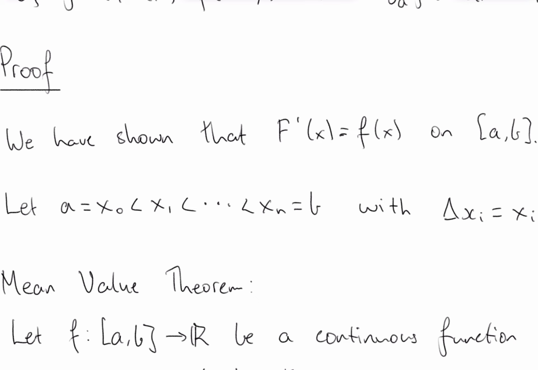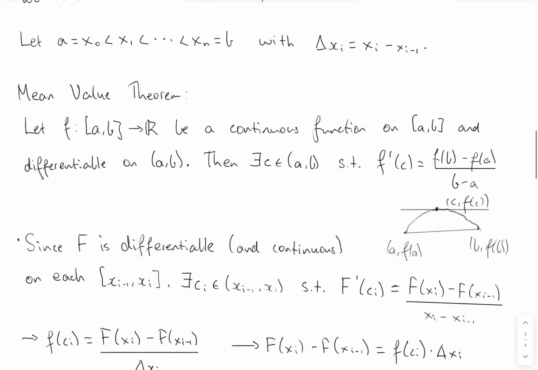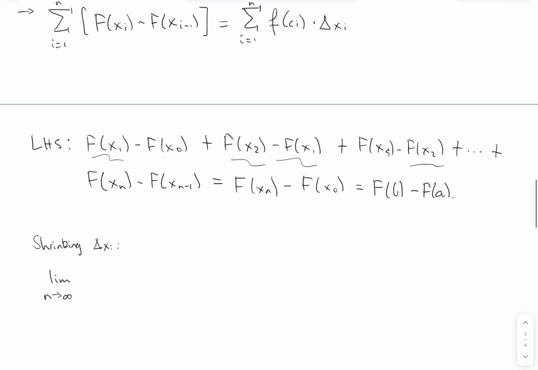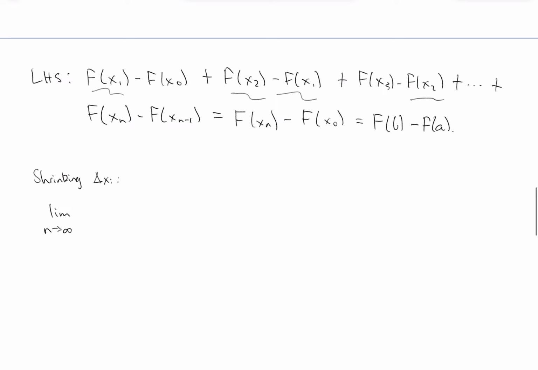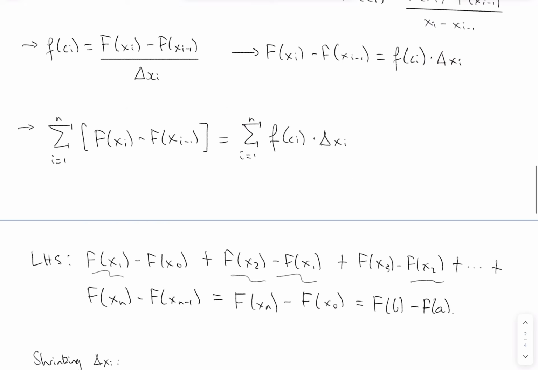And if we're taking n to be very large, what we effectively do is shrink the width of those subintervals to 0. So the limit as n approaches infinity of that right-hand side, which was the sum of i equals 1 to n of f of ci times change in xi, so that's just this.